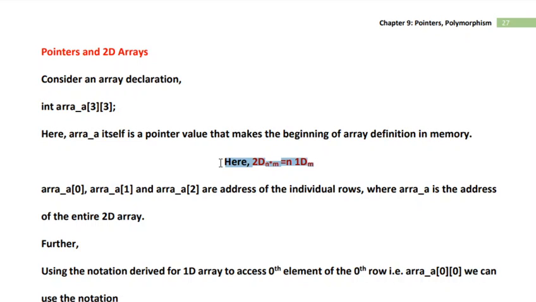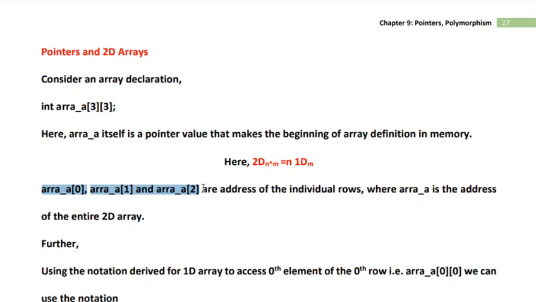So now here we will have four notations for address. arr_a that marks the beginning of the entire two-dimensional array. arr_a[0] that marks the beginning of the first row of the two-dimensional array. arr_a[1] that marks the beginning of the second row in the two-dimensional array, and arr_a[2] that marks the beginning of the third row in the two-dimensional array.